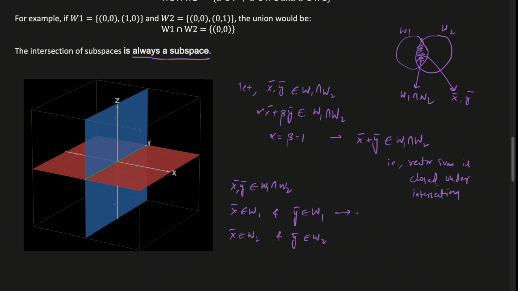We know that W1 is a subspace. It is given that W1 and W2 are subspaces, and we know the property of a subspace that any two vectors belonging to the subspace, their linear combination also belongs to that subspace, right? So if x and y belong to the subspace W1, then their linear combination x plus y also belongs to W1. Similarly, if x and y belong to W2, then their linear combination also belongs to W2.